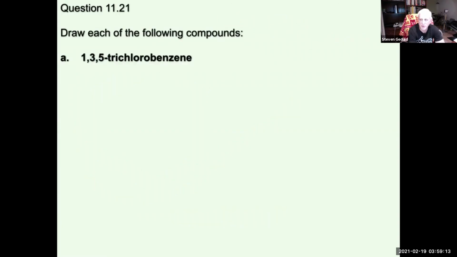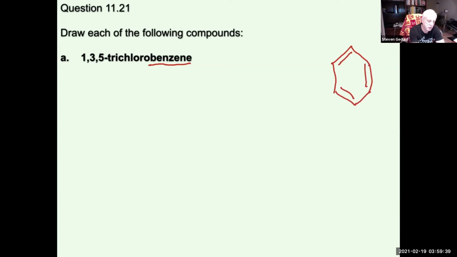Okay, now we're going to work backwards. Remember I told you in organic chemistry, always go backwards. Going backwards is benzene. So draw a benzene ring. That's benzene. Okay.